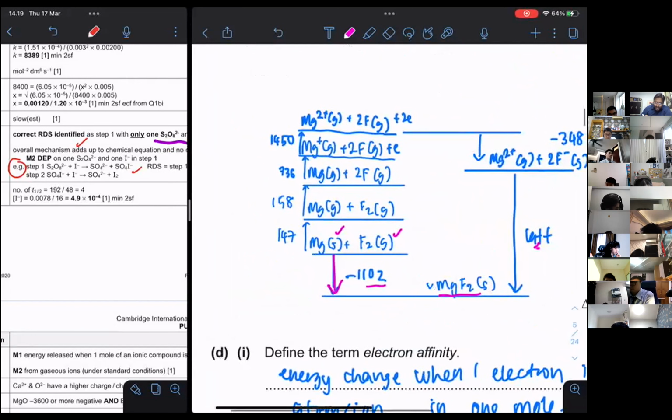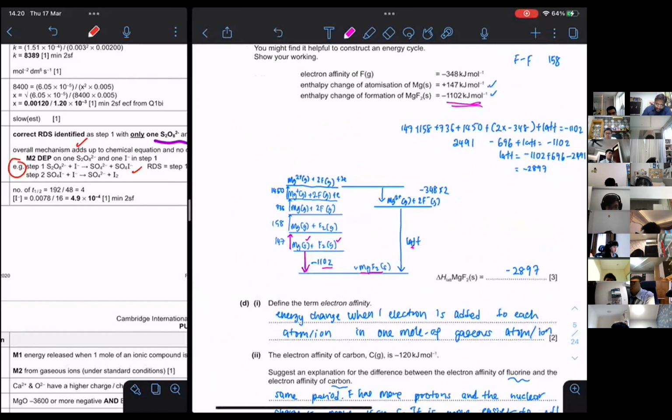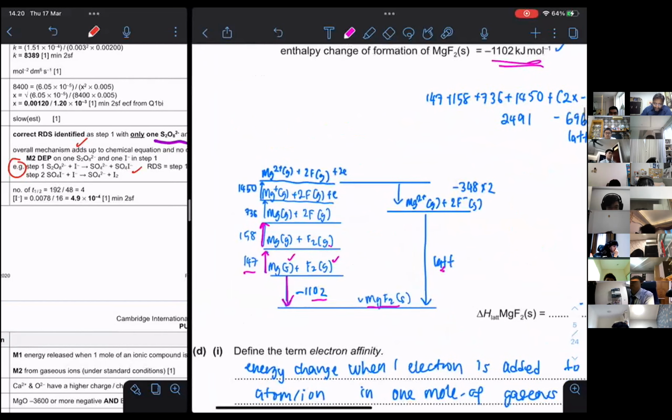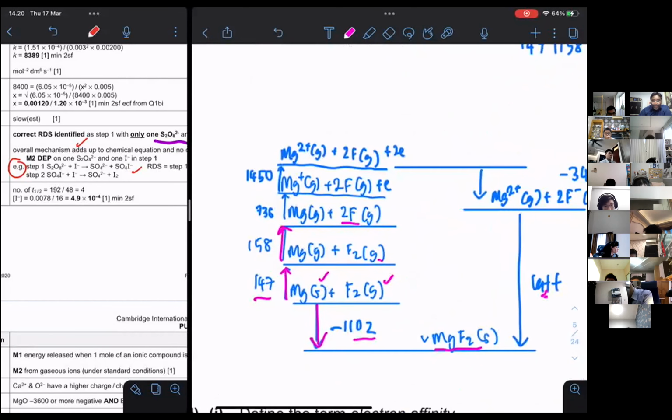Then I look at the information: the atomization of Mg is 147, I put that. And then here this is going to be the atomization of F2. This one is not available here, but I look at the data booklet, and I get the atomization of that. To separate F2 to become 2F is 158. I don't need to divide by 2, because I am going to use the 2.